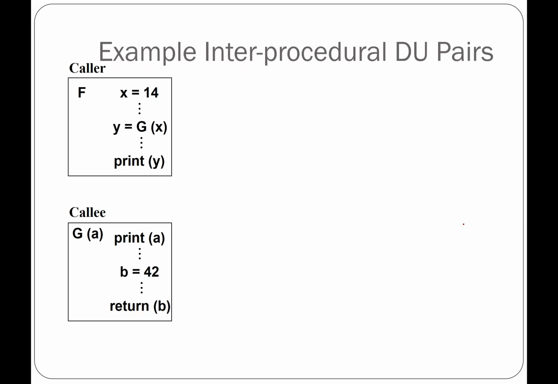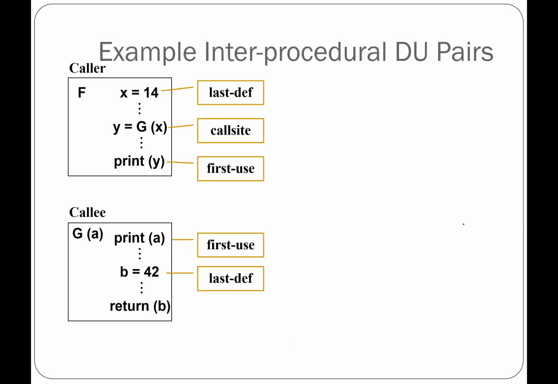So here's an example. I have a caller and a callee. In the caller, variable x got last defined at line 14, and then there's a call site to the function g in the callee unit in the second line. So this is the call site. X then becomes a.